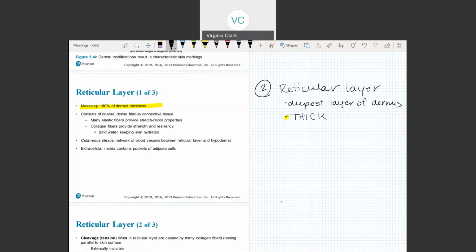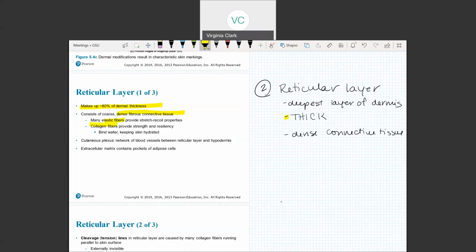It is going to be made up of very dense, fibrous connective tissue. So there's going to be a lot of fibers in this particular layer. There's a lot of elastin, and there's going to be a lot of collagen.